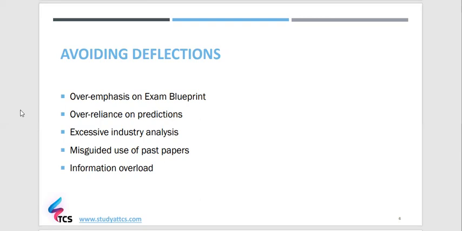Okay. And I've seen so many students being bogged down with predictions. There's absolutely no point in doing that, because the examiner himself or herself has highlighted that no predictions can be made, because the examiner is simply trying to replicate a real life corporate environment. So in a real life corporate environment, let's assume you go to office tomorrow.